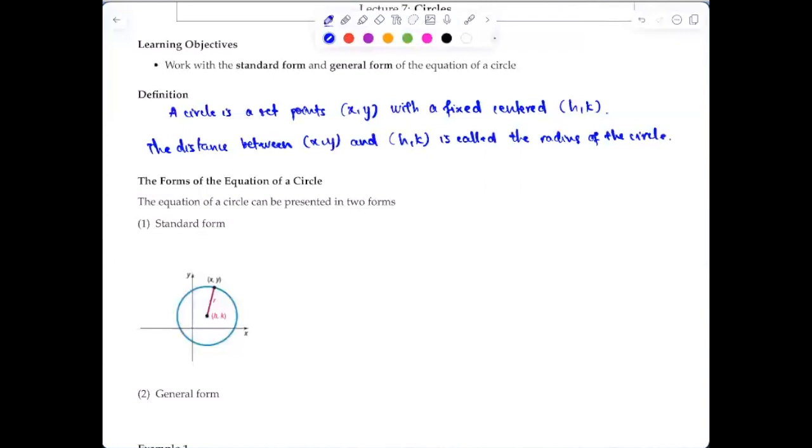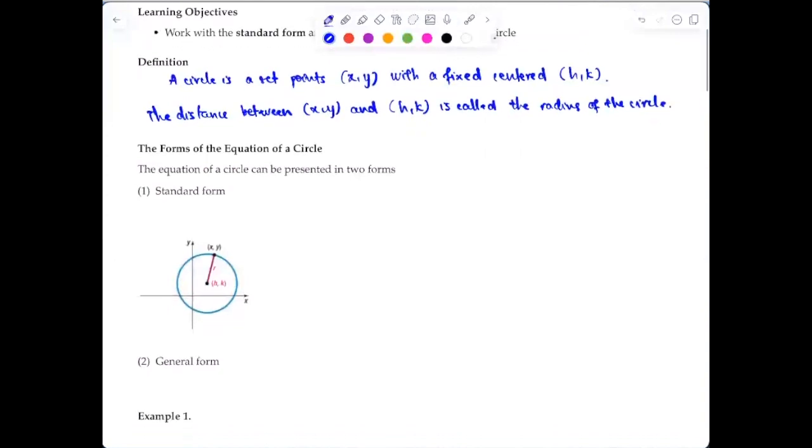So let's derive the equation of a circle. Now I'm going to calculate the distance between the two points, h comma k and x comma y. The standard form of the circle can be derived by just using the distance formula.